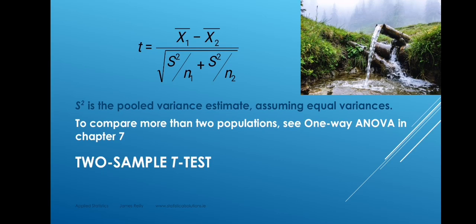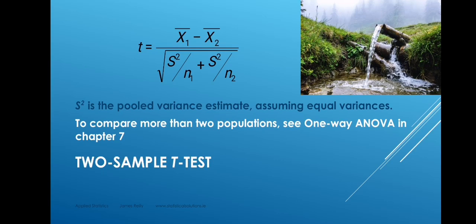The test statistic that we use here is a t-statistic, and the t-statistic is x1 bar minus x2 bar, so it's the difference between the sample means, divided by the square root of s squared over n1 plus s squared over n2, and that quantity in the denominator is the standard error of the difference between two sample means.